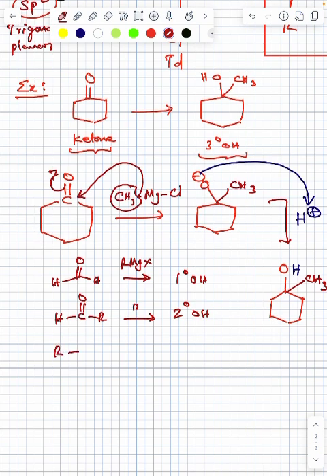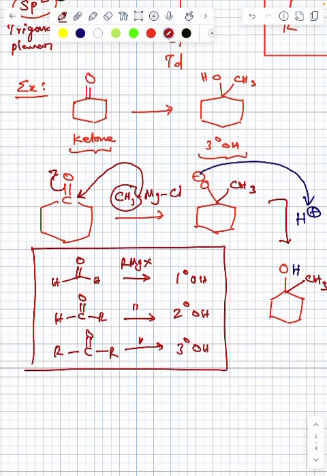Similarly, if I want to get the tertiary alcohol, I take the reagent and treat it with the ketone functional group. So I got the classification of a variety of alcohols by using a variety of different carbonyl functional groups.